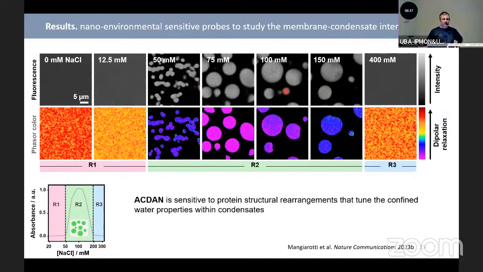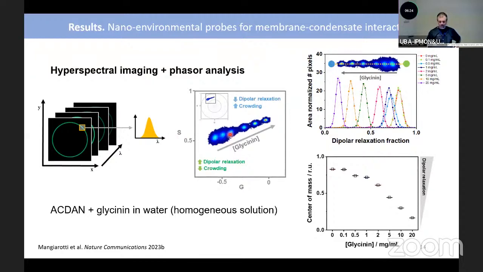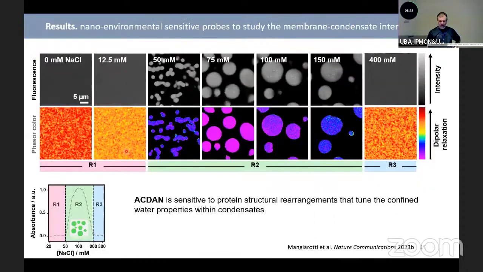And the question was, can we understand what is going on inside of these condensates? What is the water dynamic inside of them? This tool works very, very well, because using the same ruler that we placed here, we can now use a color scale to show from low relaxation to high relaxation.